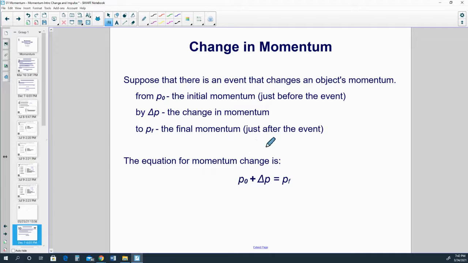The equation for momentum change would simply be the initial momentum plus the change in momentum equals final momentum. Something will change the momentum of an object. An example could be applying brakes to a car.